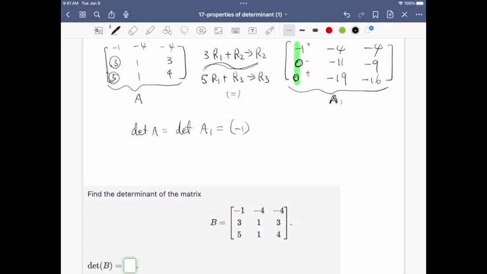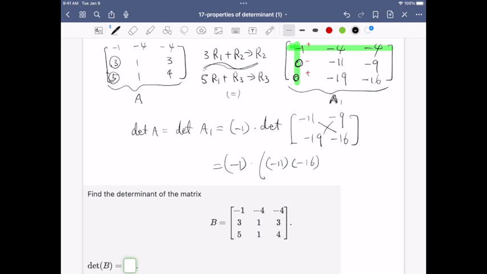So negative 1 times the determinant, and if I delete the first row and first column, the rest of the things are negative 9, negative 19, negative 16. So negative 1 times the cross multiplication, negative 11 times negative 16 minus negative 9 times negative 19. The rest is easy computation. All right, we stop here.